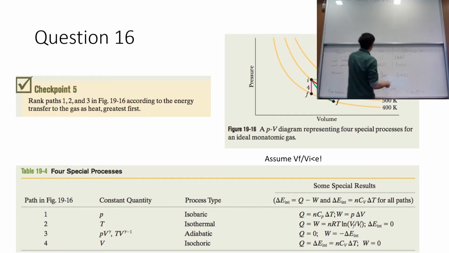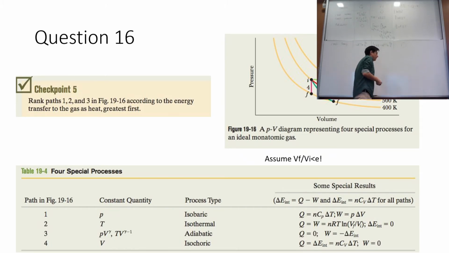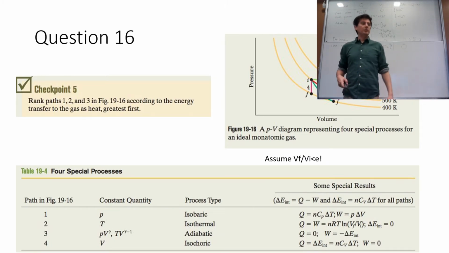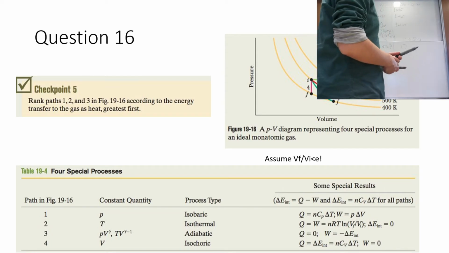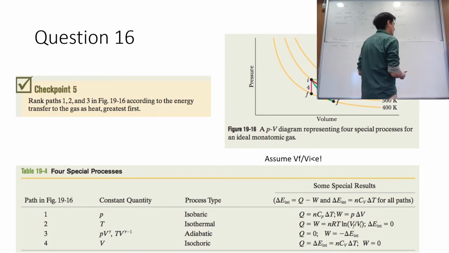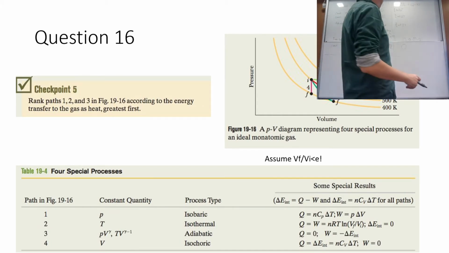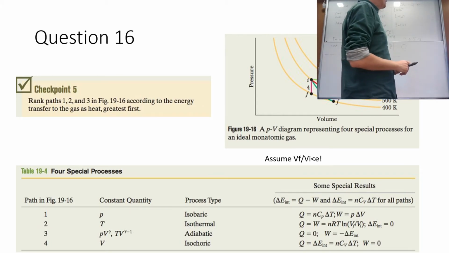I get the feeling that for this one it might be easier if I just do it. The way you approach this one is that you do have to do a little bit of a calculation for each one, just following these formulas.